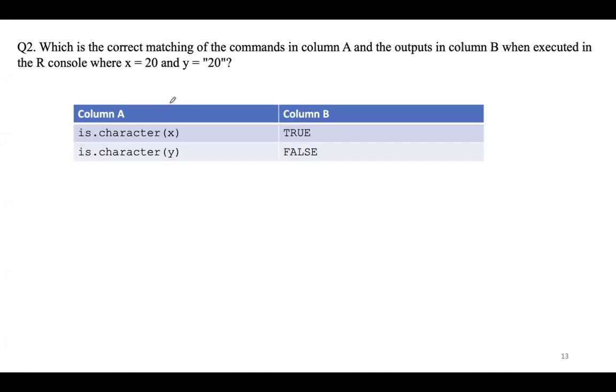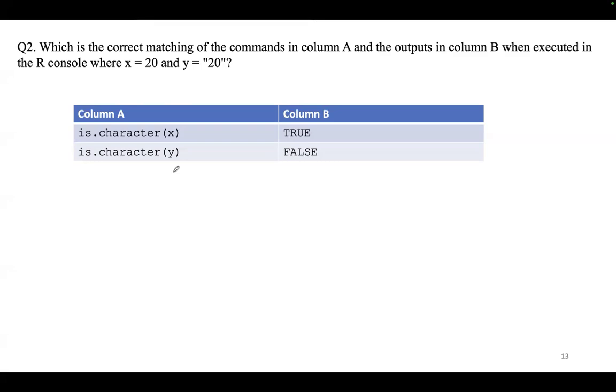Okay, so this is the format of the next few questions. You basically need to tell what's the output of what. So when X is 20 and Y is 20 but in double quotes, which of these two will give a true or a false answer when you run the command is dot character? So is dot character X, true or false, and is dot character Y, true or false.